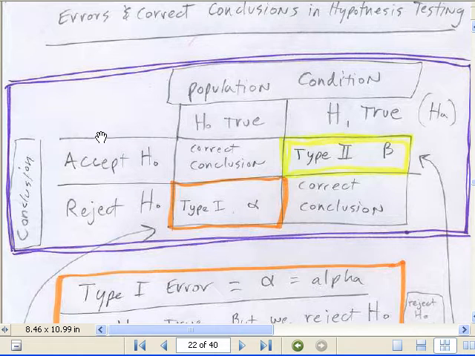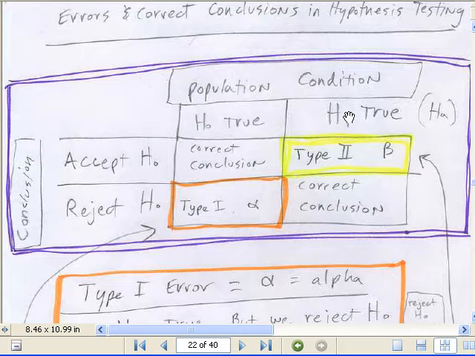Let's look at what happens when H sub 0 is true. Accept H sub 0, then we come to the correct conclusion, right? But what if we reject it? H sub 0 was true, you were innocent, but they found you guilty. That's called alpha or type 1 error.